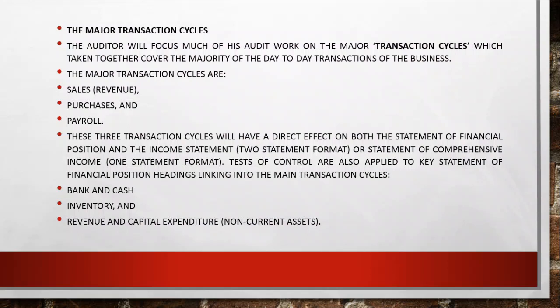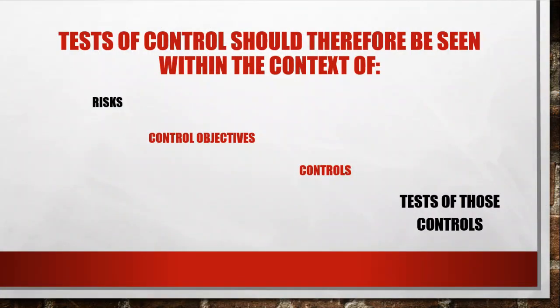These are transaction cycles, and all of them have a way of contributing to the products or rendering of our services. Test of control should therefore be seen within this context.